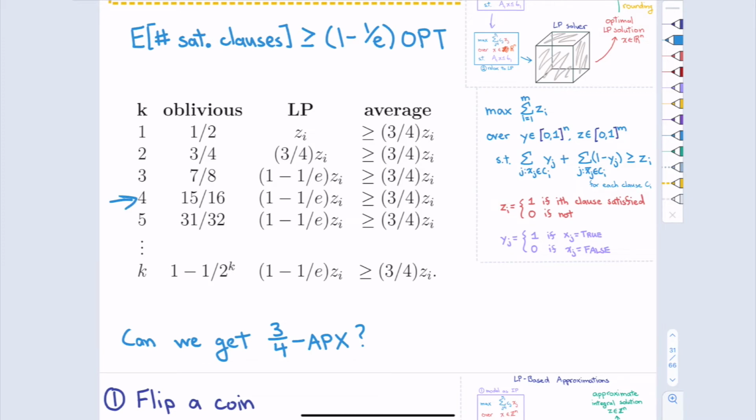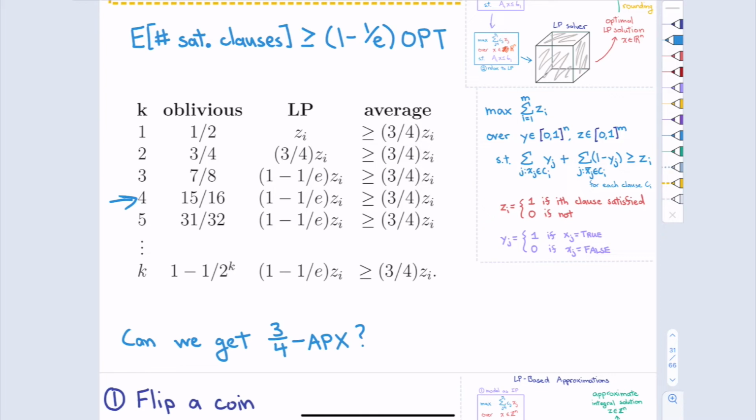If I flip heads with probability 1/2, we'll get 15 over 16. If I flip tails with probability 1/2, I'll get 1 minus 1 over e. Zi in expectation, on average, I'll get at least 3/4 zi. That's true for every clause. So 1/2, 1/2, doing the conditional stuff. Hopefully no need to do it out.